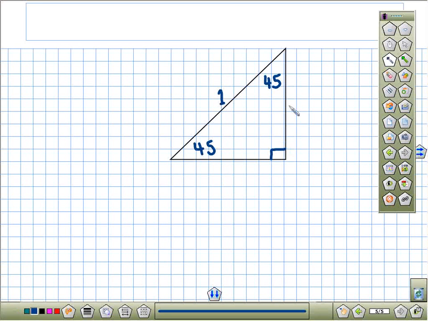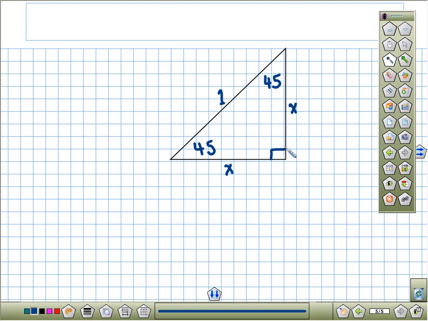And let's suppose we just forget. I know these sides are equal. I know they're both x units long because they're both opposite the same degree angle. They're both opposite 45-degree angles. So how can I figure out what the length of that side is? Anybody know?